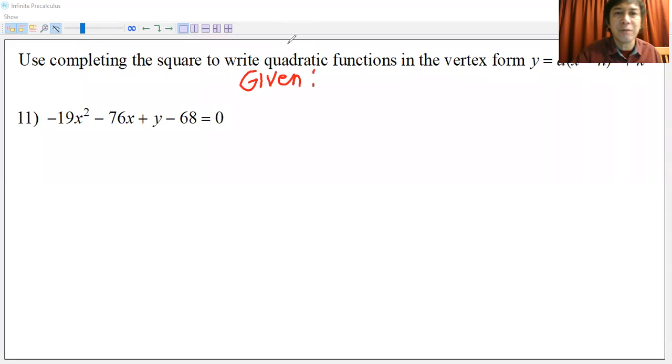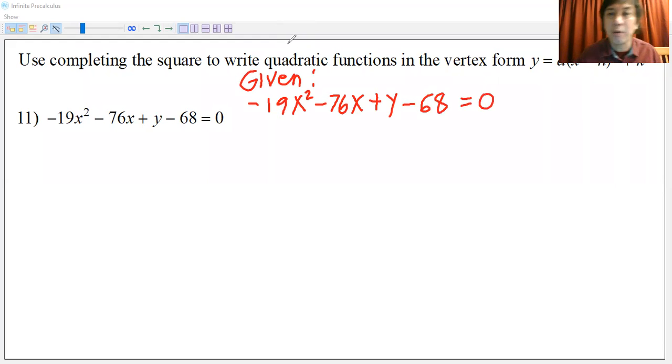They are all in one side: negative 19x squared minus 76x plus y minus 68 equals 0. Nothing is at the right side, and we are after a form y equal to something at the right side.